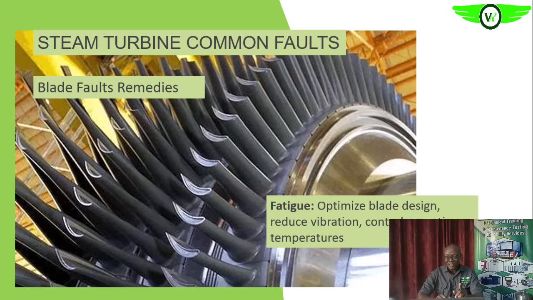So we want to maintain and control the operating temperature of the steam turbine. We want to ensure that the steam is entering the turbine at the appropriate temperature. We also want to ensure that the cooling system of the steam turbine is effective to help us maintain the normal operating temperature at every stage of the steam turbine.